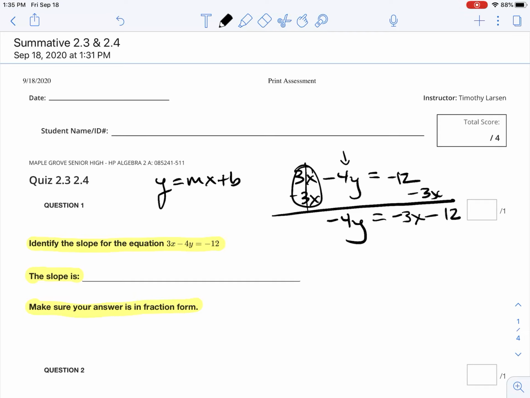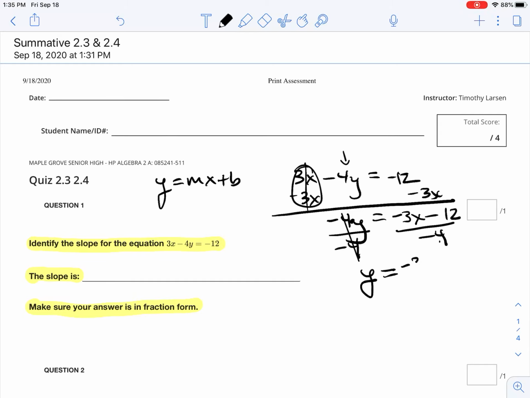Good news. I got to get rid of this coefficient, the negative 4 times y, so do the opposite and divide. That cancels to be 1, and I end up with y equals. This negative 4 is a denominator in a complex fraction, so I'm going to divide the denominator into both of these things in the numerator.